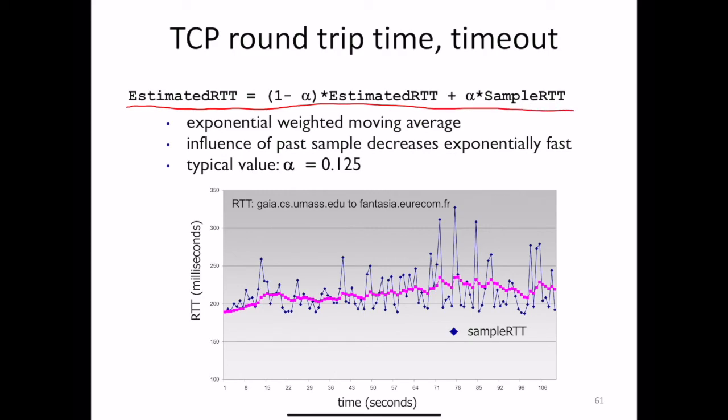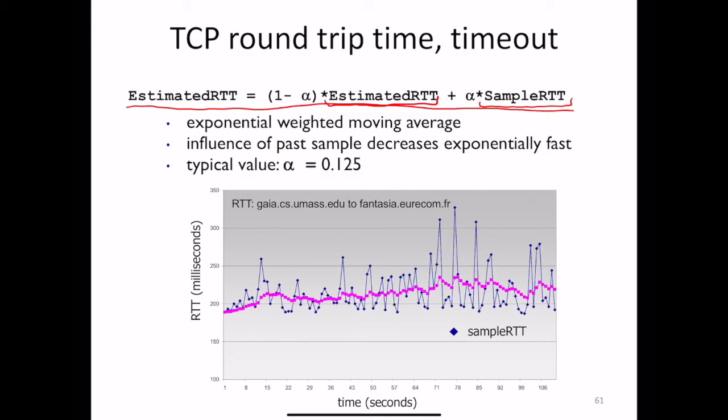This sample RTT is the previous round trip time we already get from the history. And this estimated round trip time is the previous estimated RTT we already got from the previous result.